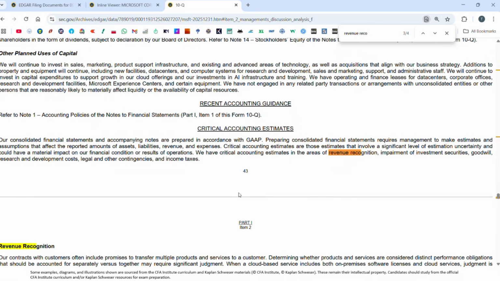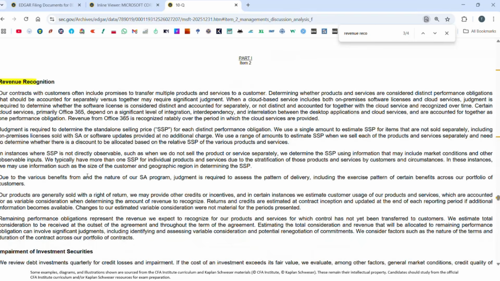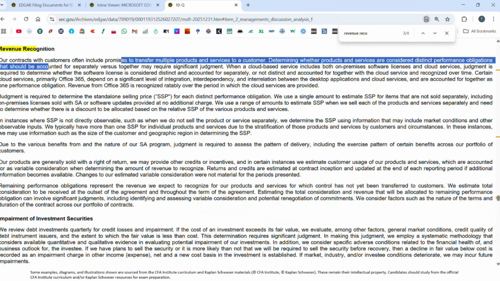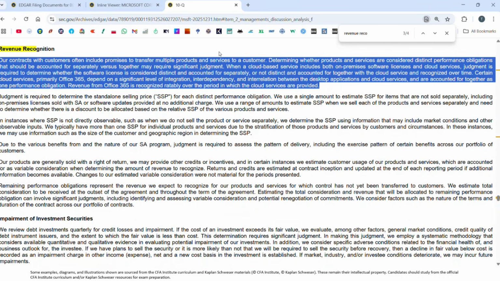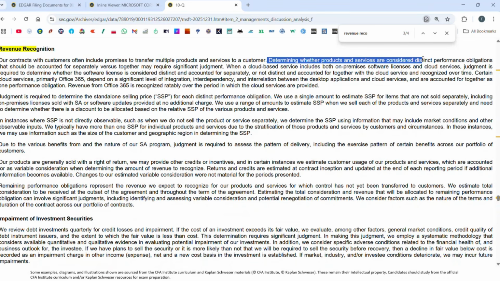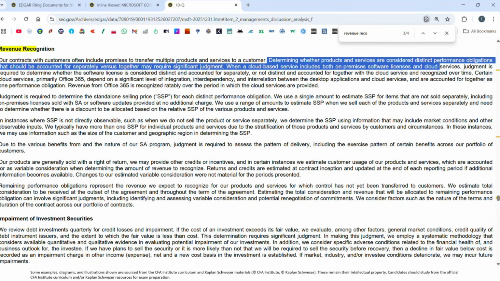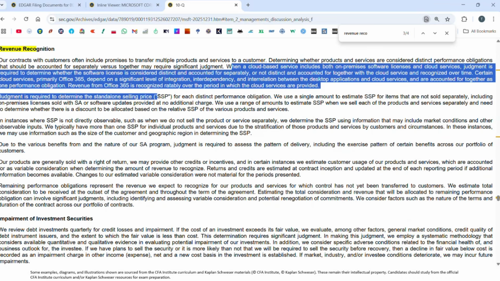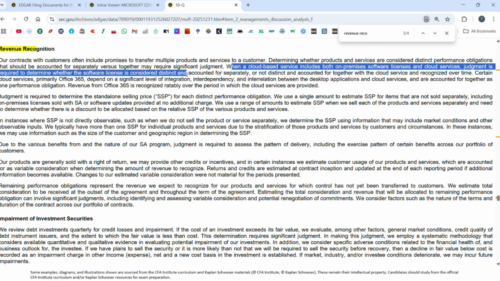yeah, there you go. You have a revenue recognition section where they say our contracts with customers often include promises to transfer multiple products and services. Determining whether the products and services are considered distinct obligations that should be accounted for separately versus together, we record it accordingly. When a cloud-based service includes both on-premise software license and cloud services, judgment is required to determine whether the software license is considered distinct or not.